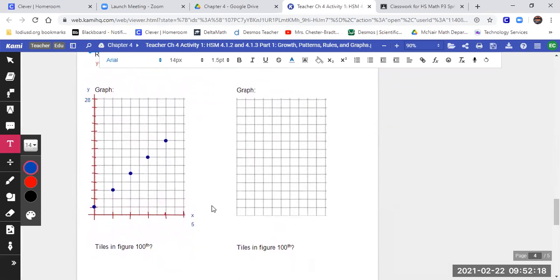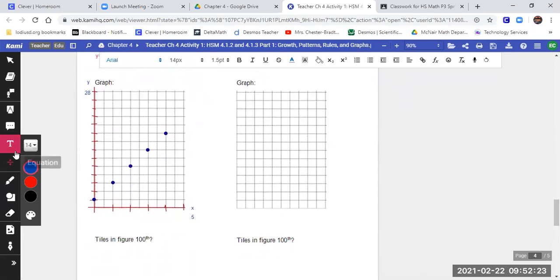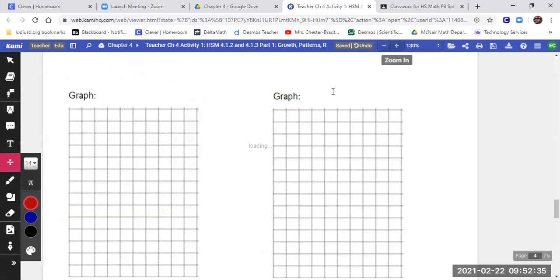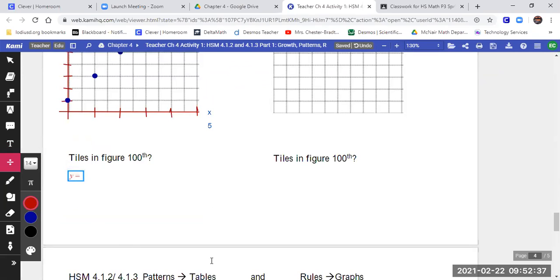Okay, so they want us to figure out the tiles in figure 100. We're going to take our rule that we wrote. What was that rule again? Y equals what? Y equals 4x plus 2.